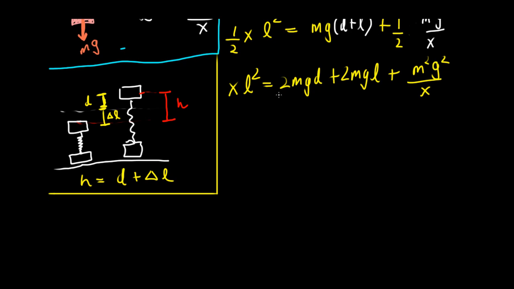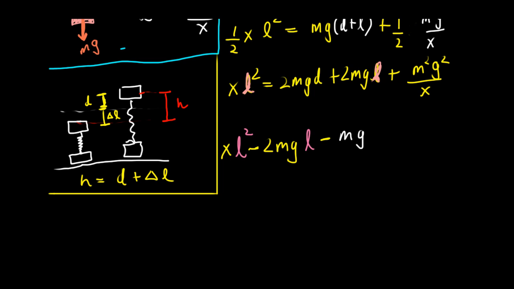So let's simplify this further. I'm going to write the variable in pink, so as we know that this is a quadratic in L. So this becomes x times L squared minus 2mg times L minus, I can factor out an mg, right?